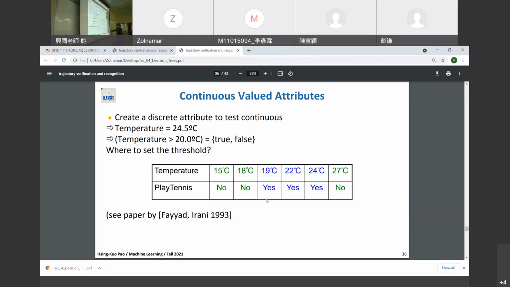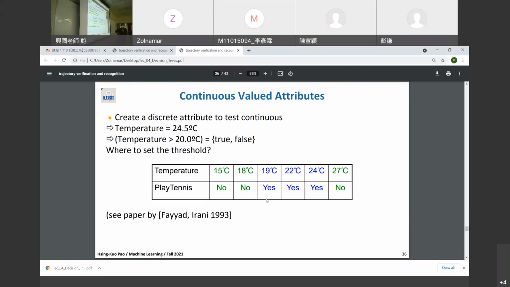You consider this one as a cut point, and this one as a cut point, but forget about this one because it is too small and could be noise. That's the way to choose.